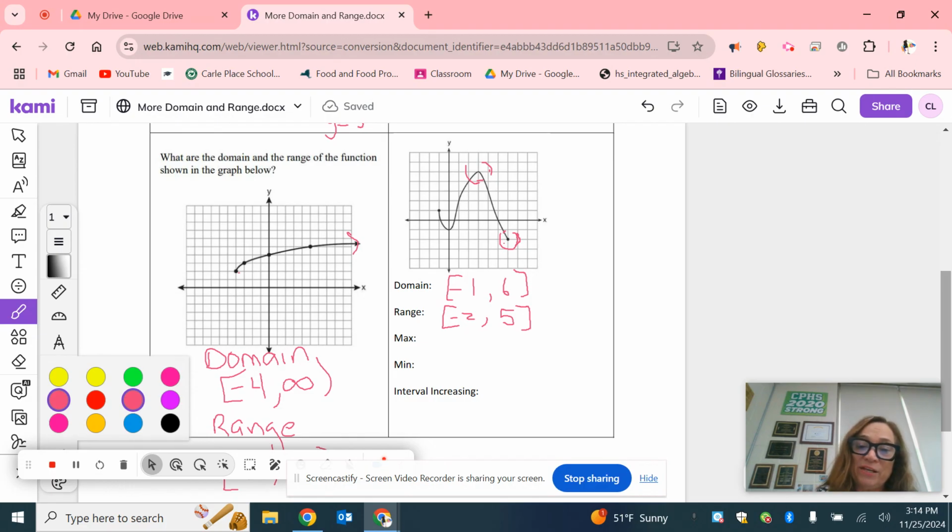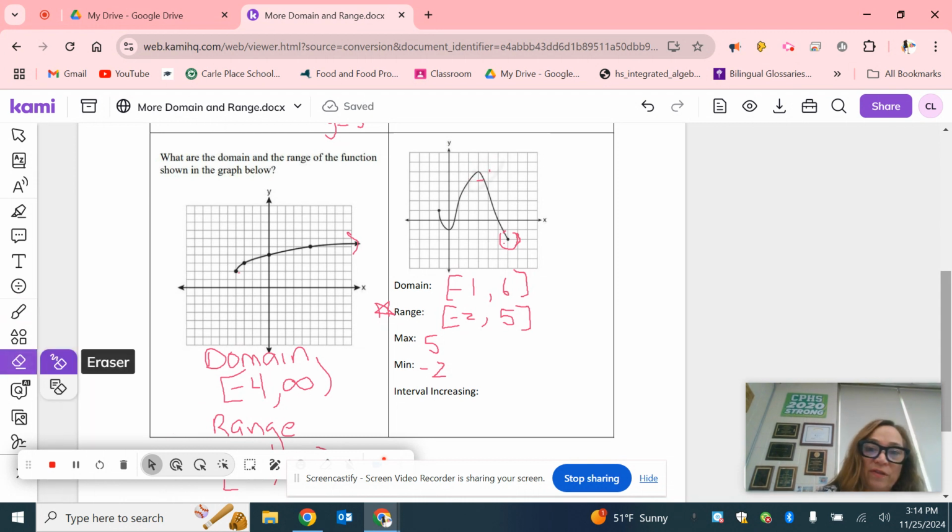The max and the min you get from the range. So the max is 5, the min is negative 2. Max and min are just y values. It's not an ordered pair. That would be called the coordinates of the max or min, or the coordinates of a turning point. Coordinates is ordered pair.